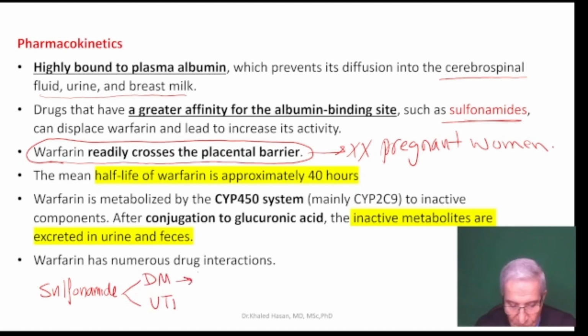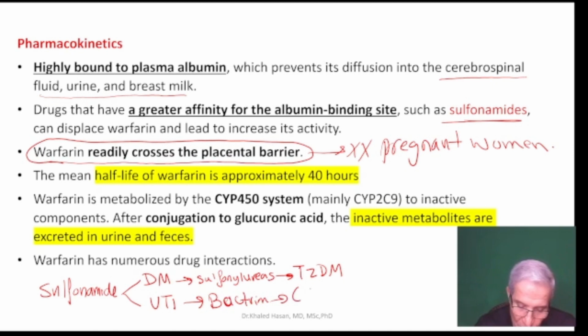For example, sulfonylureas are medications used for type 2 diabetes, or we talk about the product called Bactrim, which includes sulfamethoxazole plus trimethoprim. So we have sulfa here.